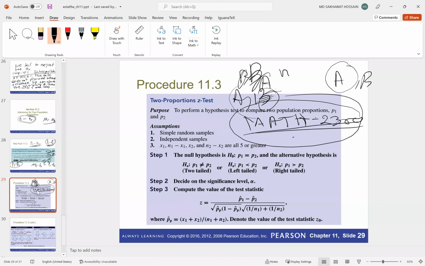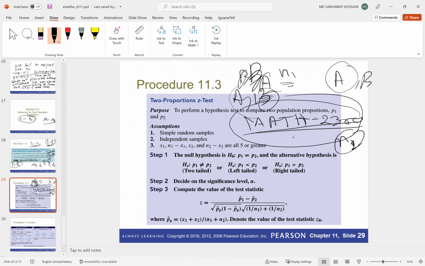N1 is the sample size for the first population, when we randomly select N1 students taking online classes. N2 is the sample size for the second population, when we randomly select N2 students from the face-to-face classes.